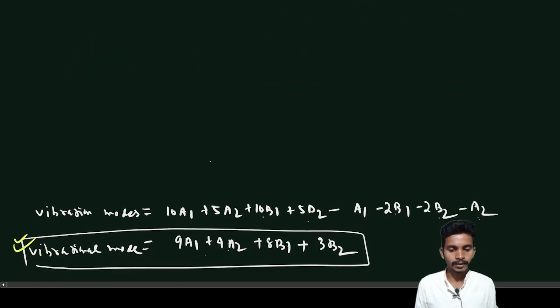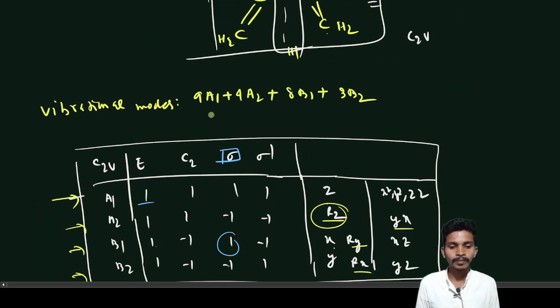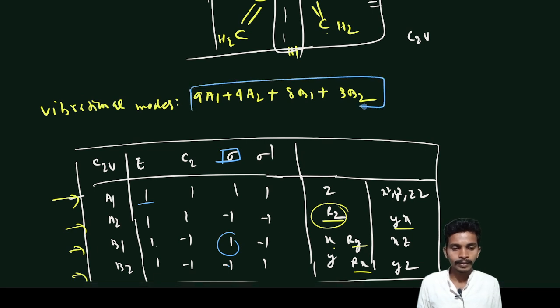These are the vibrational modes I get. So from here I will look at which are the Raman active, which are the IR active, and which are both IR and Raman active.